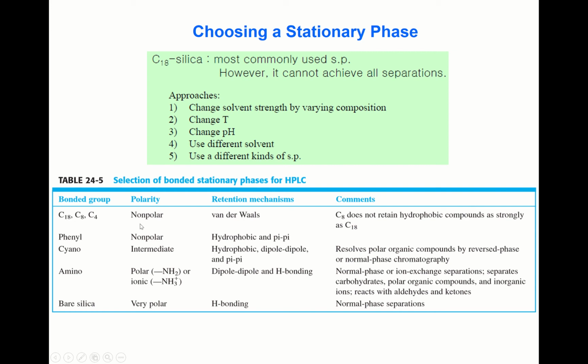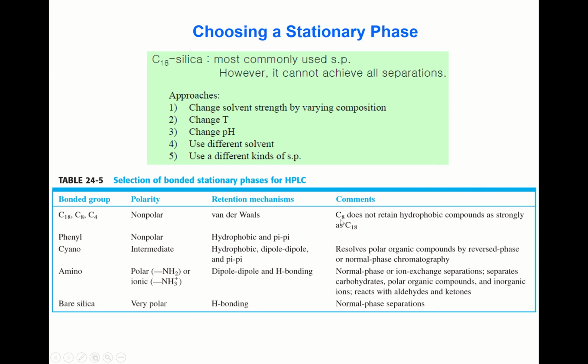The interaction between these bonded groups and your solute may be van der Waals interactions. Van der Waals interactions are actually everywhere, no matter what the molecular structure is. So this bonded phase is good for many molecules.